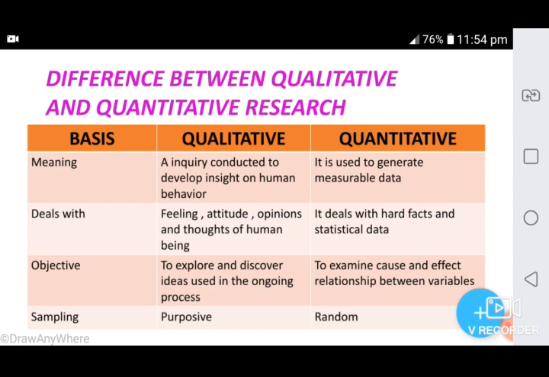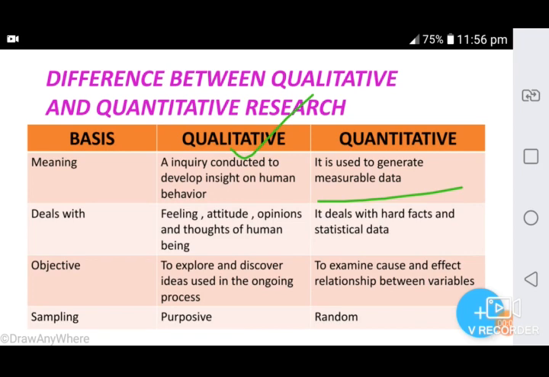Okay, the first one, on the basis of meaning. Qualitative research is an inquiry conducted to develop insight on human behavior, that is to discover the way people think and feel. Quantitative research is used to generate measurable data. It is an empirical research used to generate measurable data by employing statistical and logical techniques.